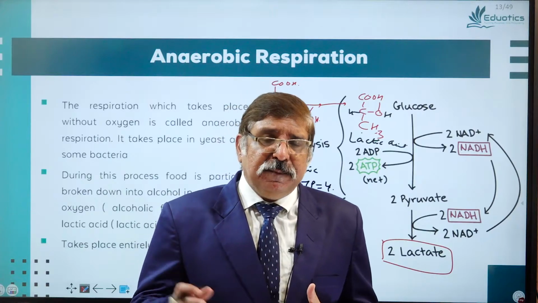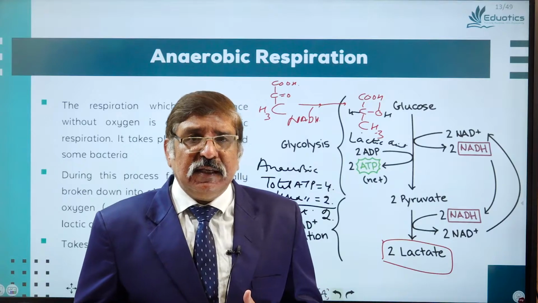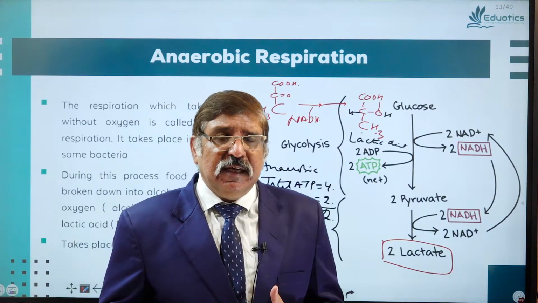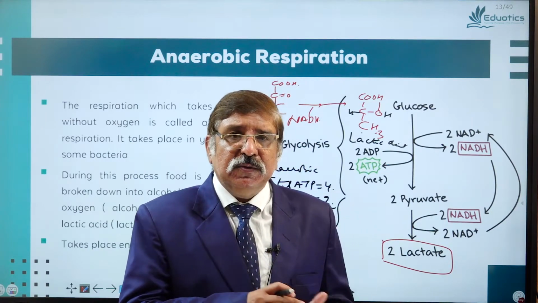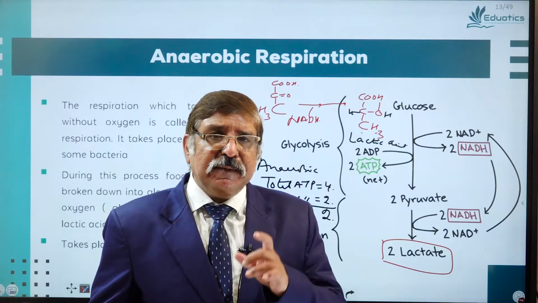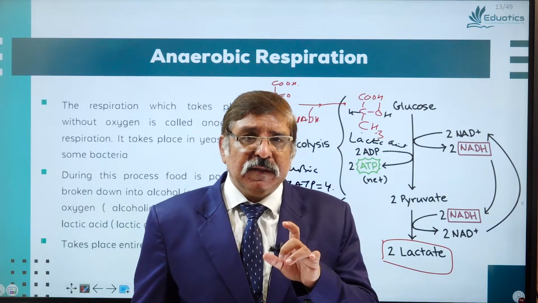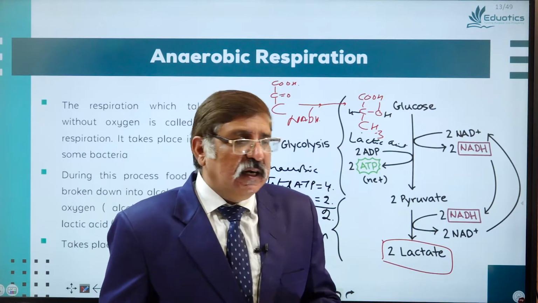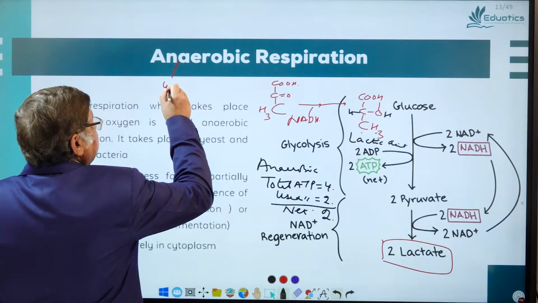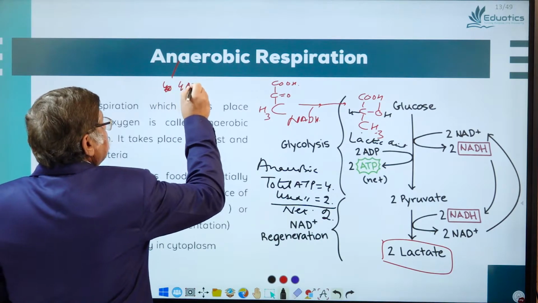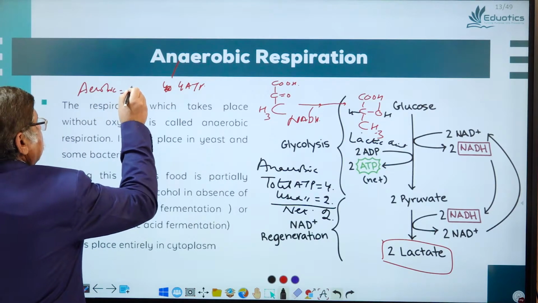But as the earth evolved, the environment became oxygenated as free oxygen became available. So the shift was from anaerobe to aerobe. The same molecule of glucose yielded 4 ATP in anaerobic respiration, and in aerobic respiration it yielded 40 ATP.